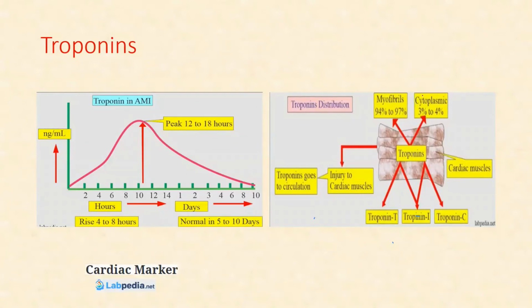So there is troponin in the cytoplasm, and there is troponin in the myofibril, okay? Whenever you have cardiac injury that increases the permeability of the membrane, the cytosolic troponin leaks out. If the damage is severe enough to reach and damage the myofibril, troponin is going to leak out from the myofibril outside. Okay, good.